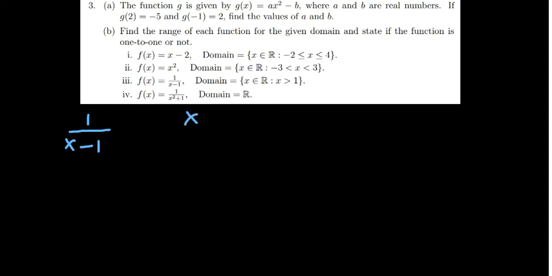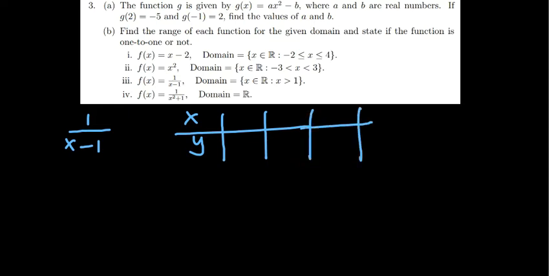So x, y, a table of values, just to estimate things here. We are saying the domain is restricted to values of x that are greater than 1. So if you start from 1, you see that it will give you a 0 on the bottom, so it is not defined at that point.